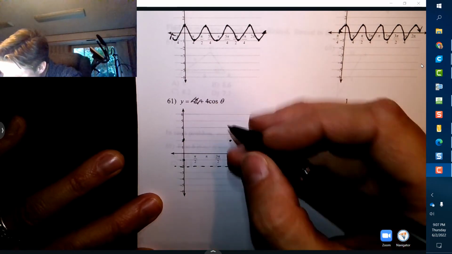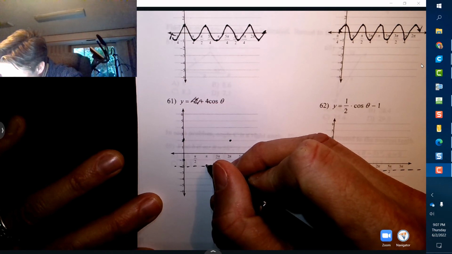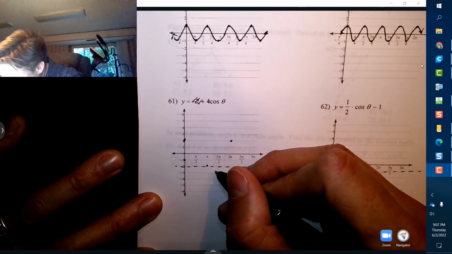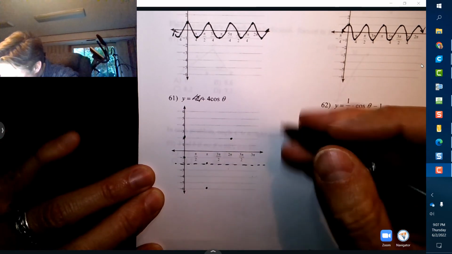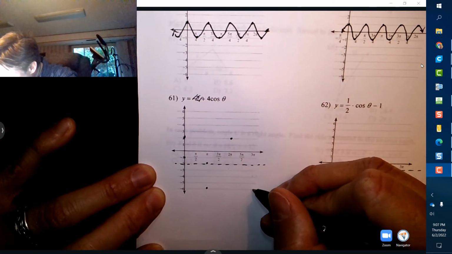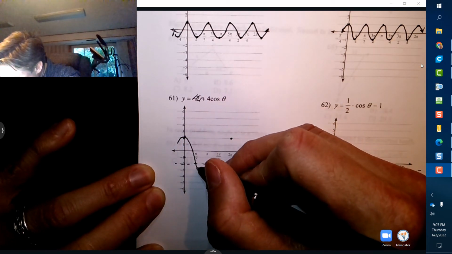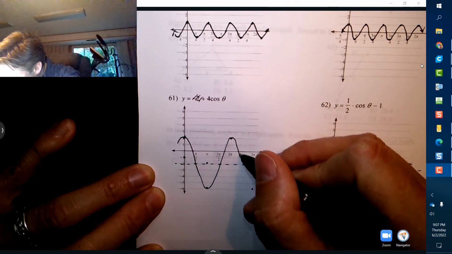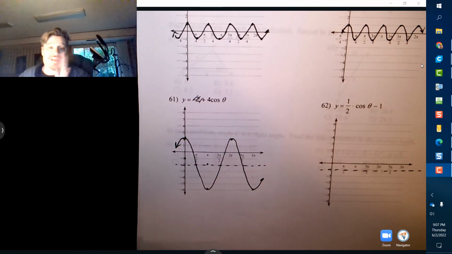So this means that it reaches its minimum here. Oh, sorry, the minimum is -4 from here. 1, 2, 3, 4. And then that means it will reach its minimum here. So it should look symmetrical. Okay. All right, there it is.